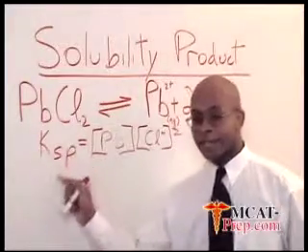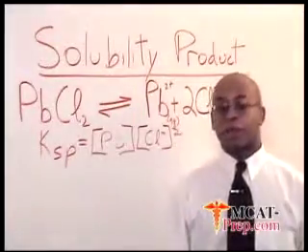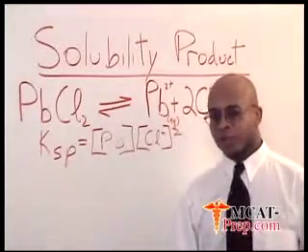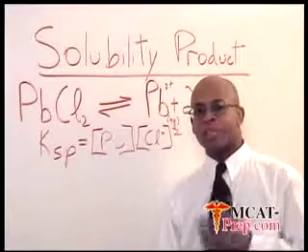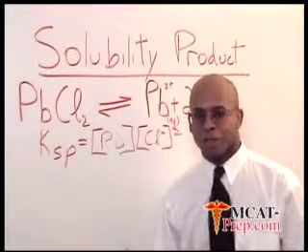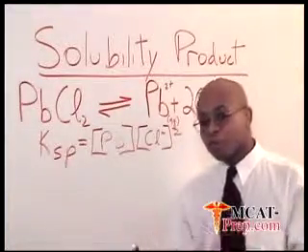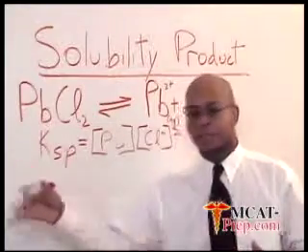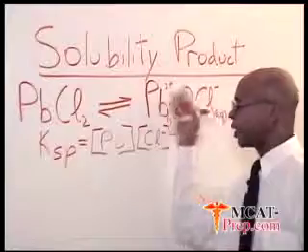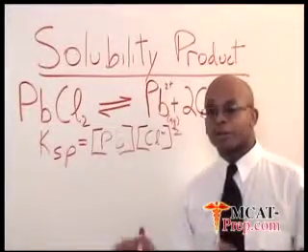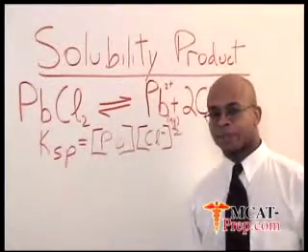We expect that the solubility product for a reaction which has a weak electrolyte would be very small, meaning that the Ksp would be 10 to the minus something, a number which is relatively small, 0.00 something. We expect that because very little product is being produced with these weak electrolytes.